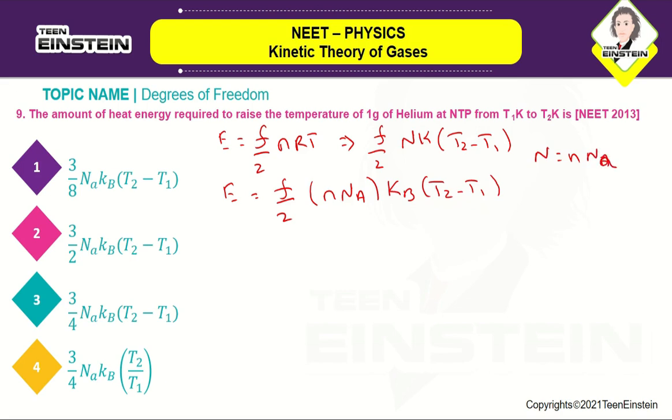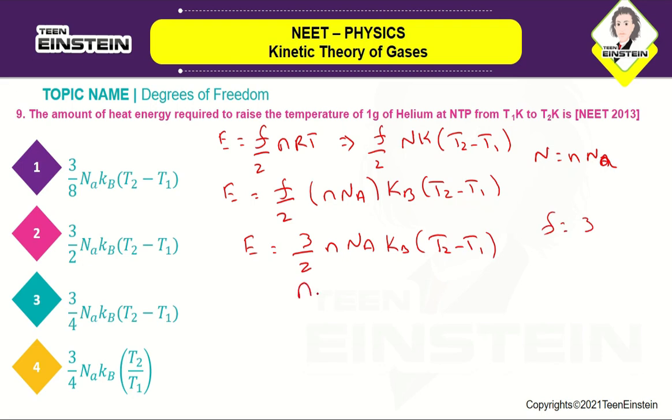Okay, and KB is the Boltzmann constant. So E is equal to 3 by 2 N NA KB T2 minus T1, because F is equal to 3 for helium.